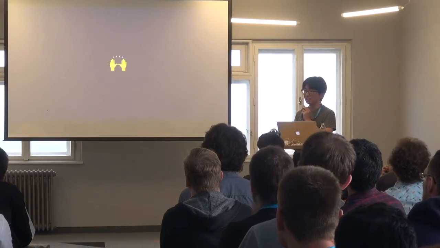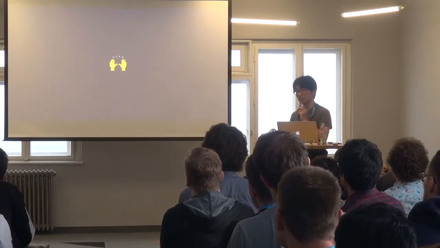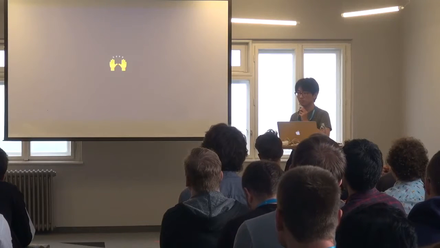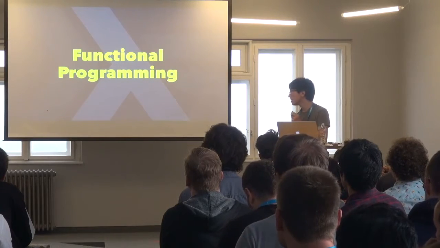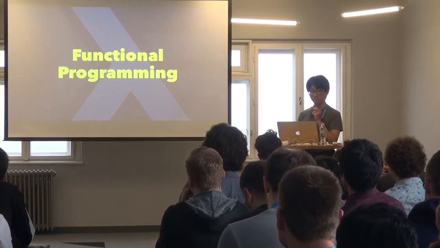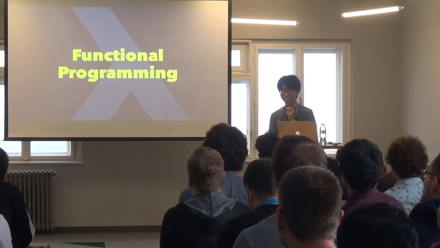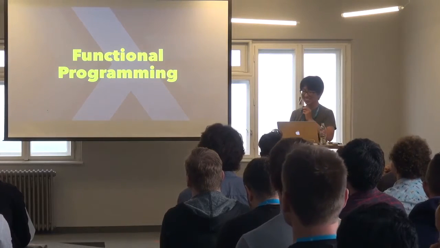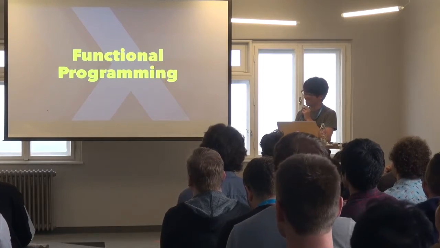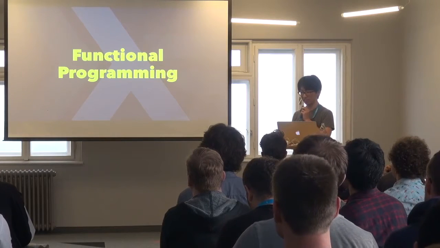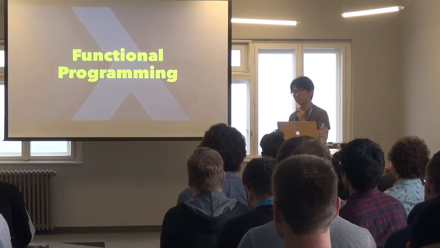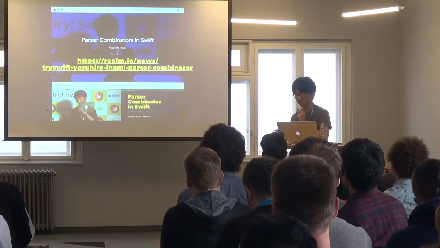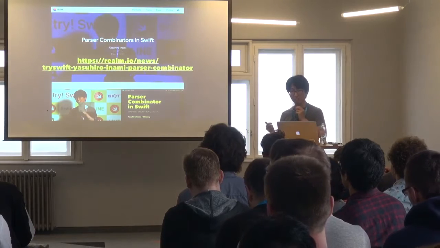But that doesn't mean we have no other way of guaranteeing the type safety of URL routing. Fortunately, we have a great tool called functional programming. And that's why we are here, right? To think about type safety, functional programming is always our friend. So let's take a look at one of the most beautiful functional programming techniques here, and actually, that's me.